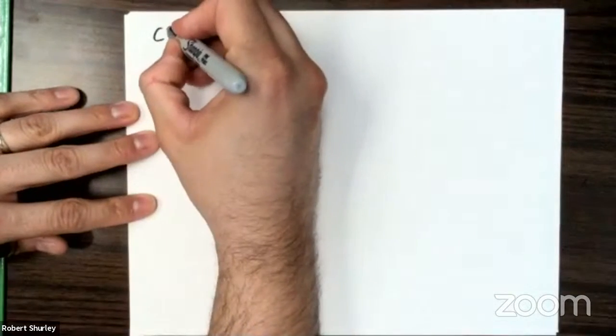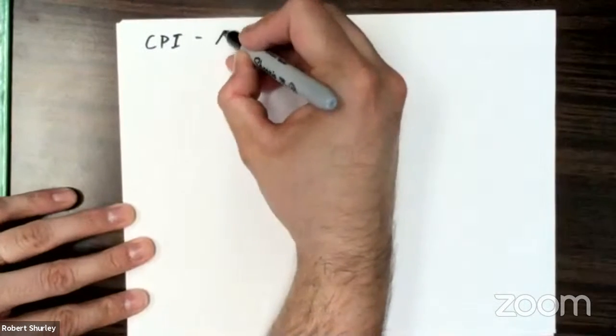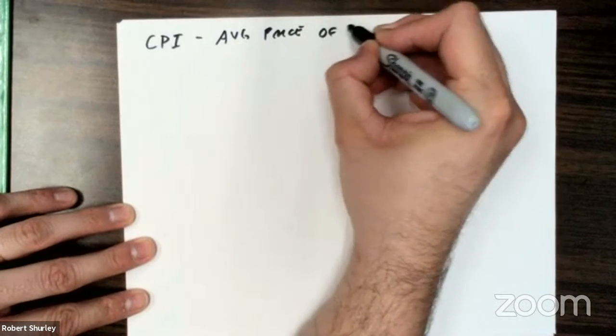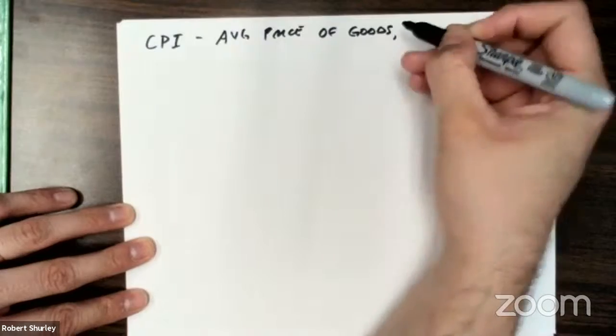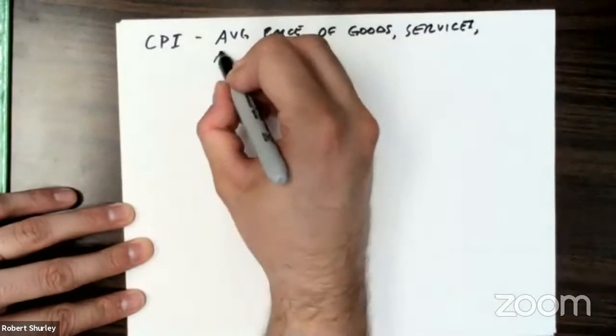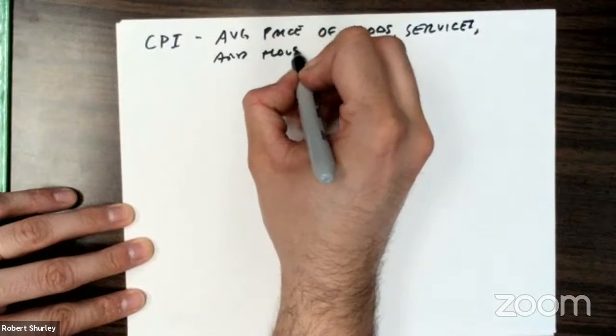So the CPI, the consumer price index, this is on page 165. Consumer price index is based on an average of prices for a sample of more than 60,000 goods, services, and housing costs. So it's an average price of goods, services, and housing costs.